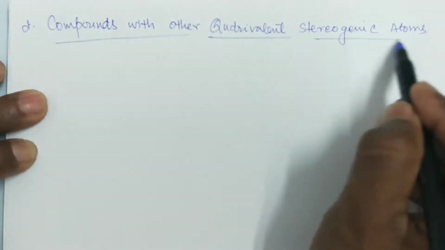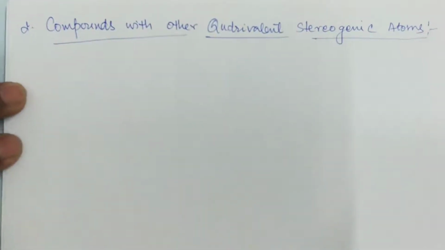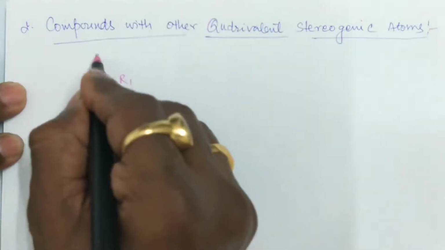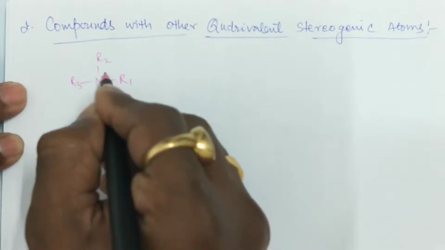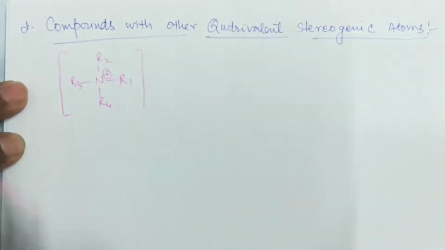Quadrivalent means tetravalent. For example, take a quaternary ammonium hydroxide, R1, R2, R3, R4 plus. All four groups are different here.